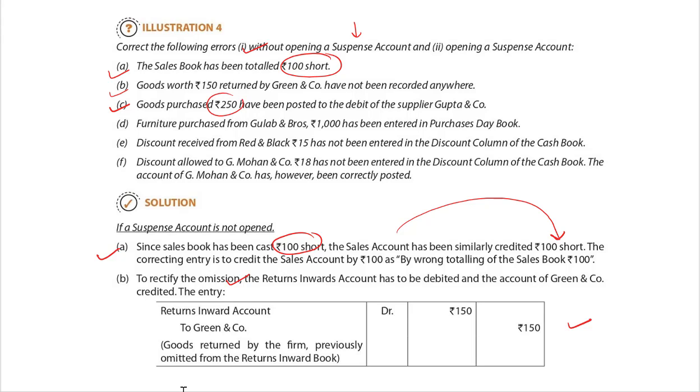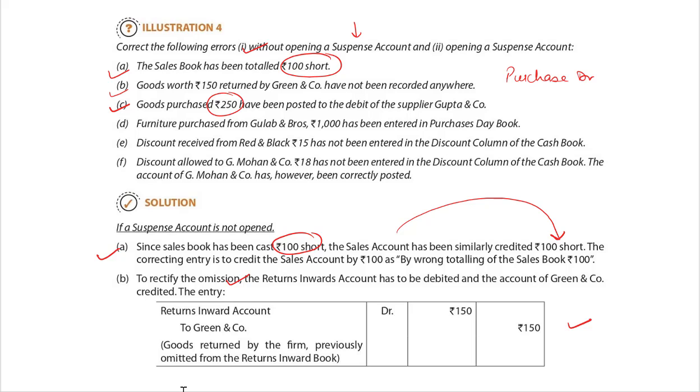Goods purchased worth 250 have been posted to the debit of supplier Gupta and Company. We have purchased the goods, so purchase account should be debited over here. But what we have done, that have been posted to the debit of supplier Gupta and Company.